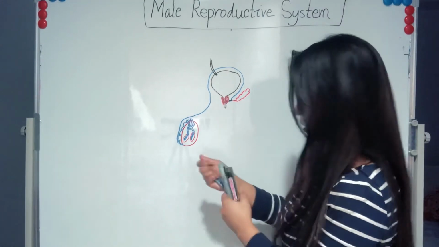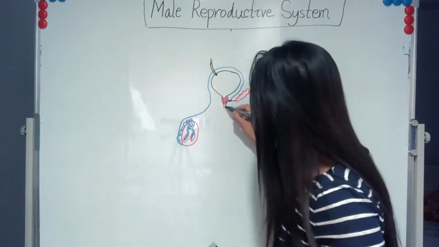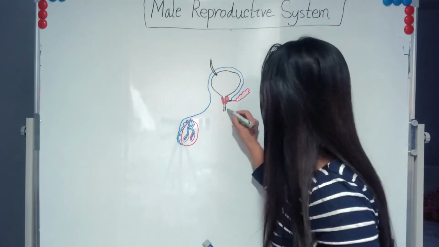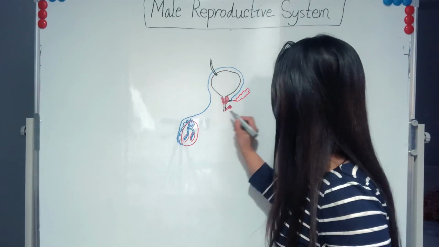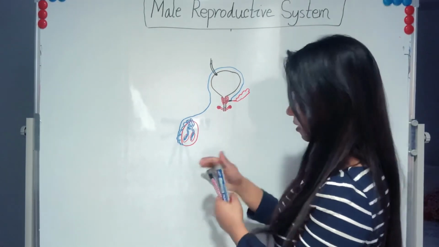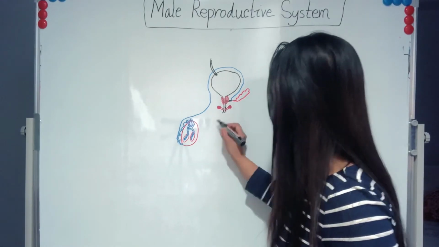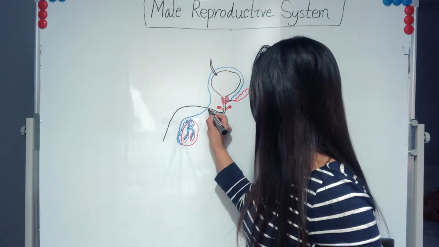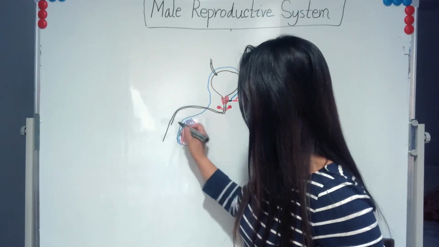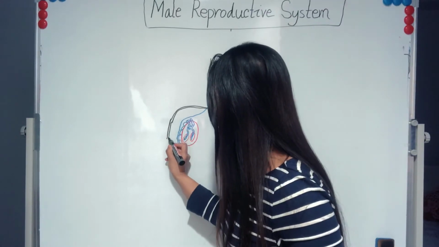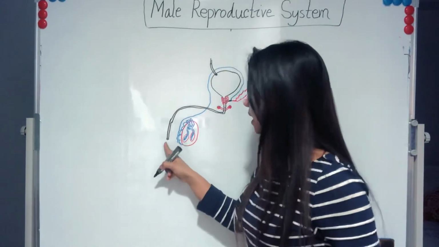Then this is urethra, and here another 2 glands are present. Bulb-like glands, bulbourethral gland. Then urethra. This is urethra and this is urinary meatus.